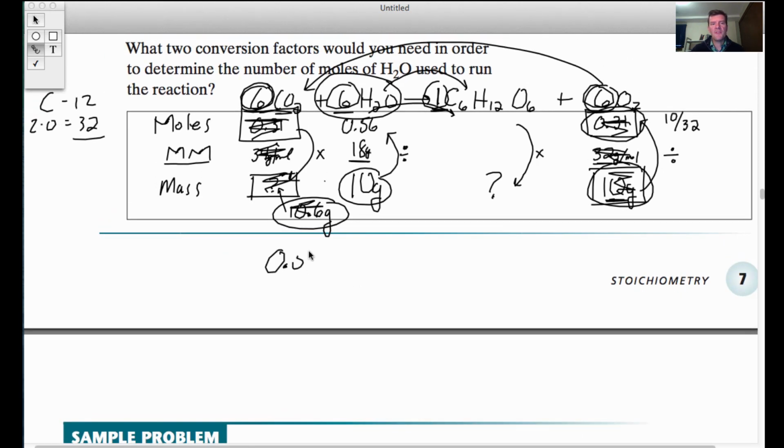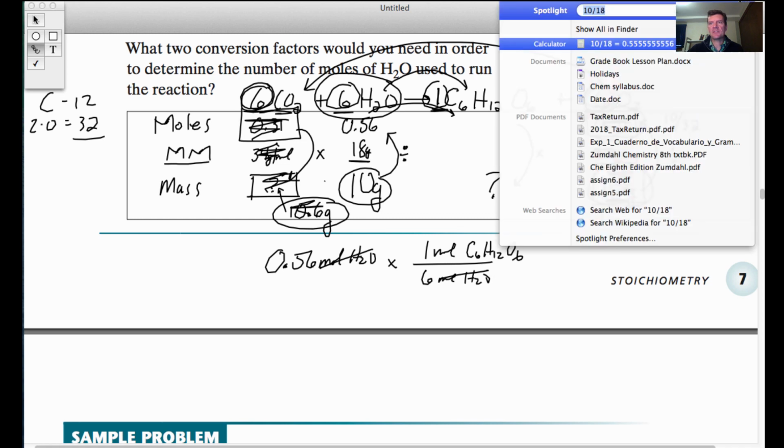I have 0.56 moles of water, and for every 6 moles of water, I produce only 1 mole of the glucose. 6 moles to 1. Moles of water are going to cancel, so I'm going to take 0.56 times 1/6. 0.56 times 1/6, okay?